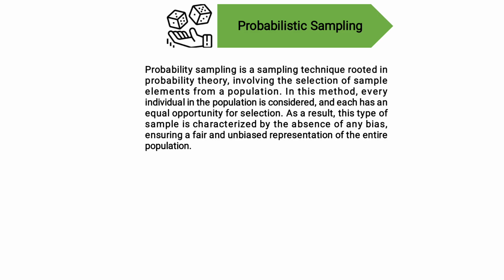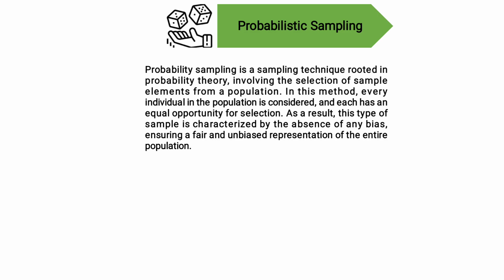That is very, very important in probabilistic sampling. When you consider each and every one in your population, and when you give equal importance to every individual while selecting the sample, then it minimizes the error or bias, so that you can represent the entire population in a systematic way.